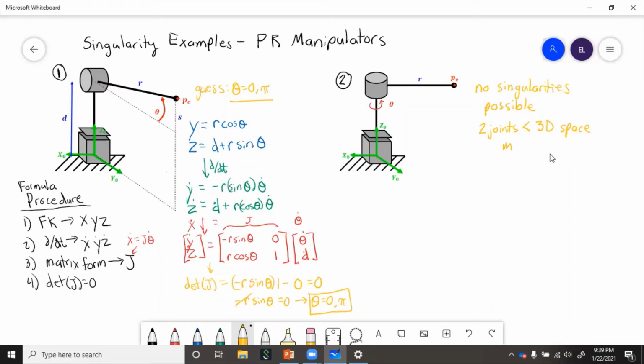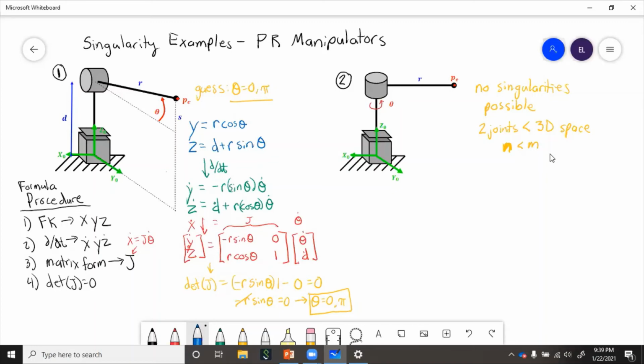So n is less than m. So there are no singularities. Fewer joints than degrees of freedom in the space. But we'll go through the process just to prove that there should not be a singularity.